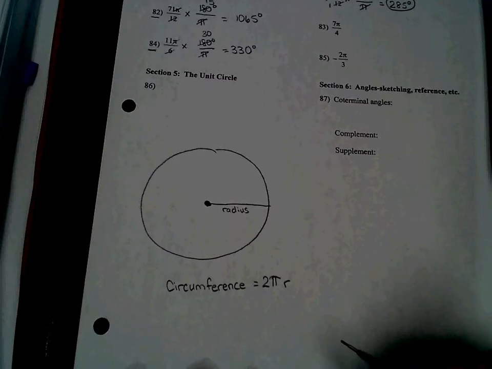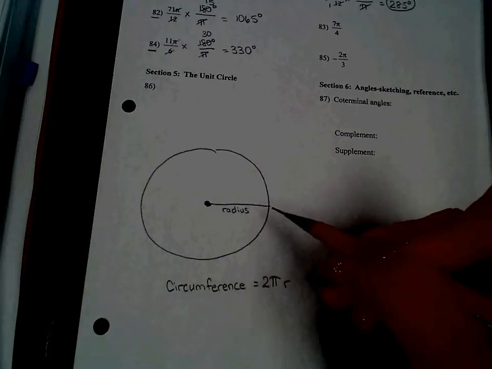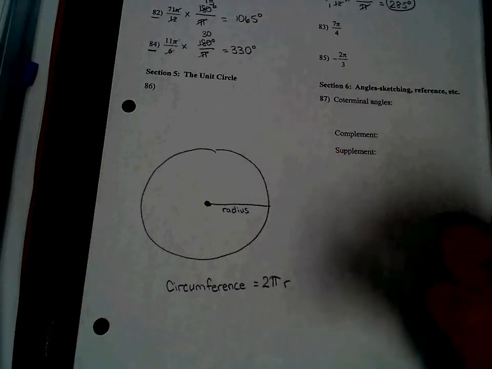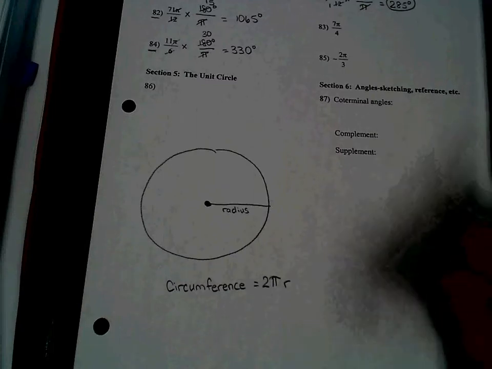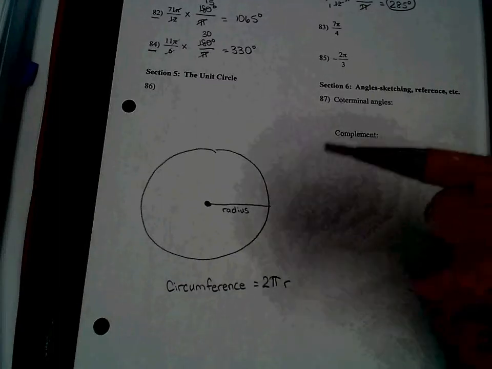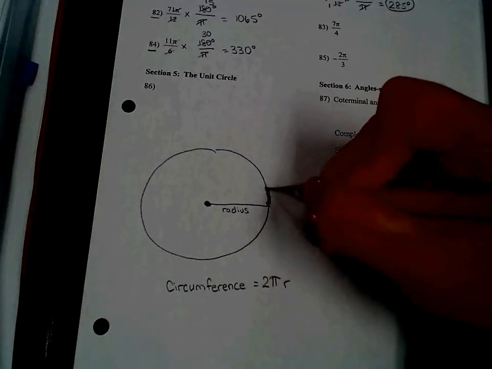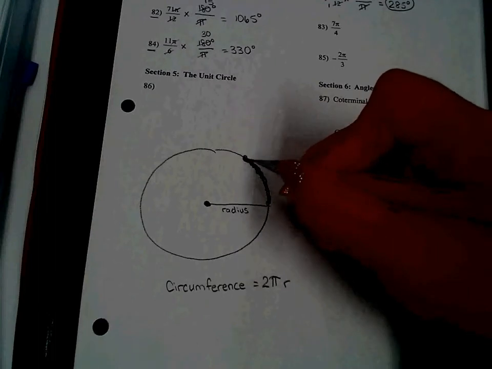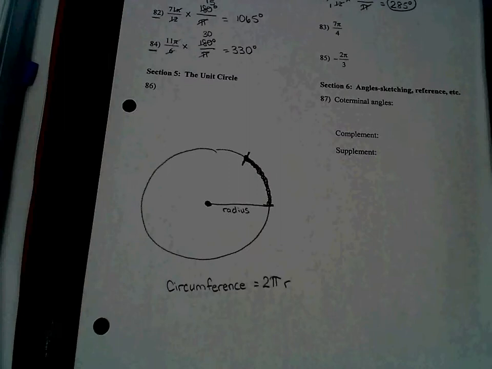Okay, now I want you to imagine if your radius was a piece of yarn. Now in the past, when I was actually in class, I've had students do this with a piece of yarn. If you want to get a plate or something round and try it with a piece of yarn, you'll see. If I were to take my radius as a piece of yarn and I were to lay it on the circle, one radius would go from about right there to right there.